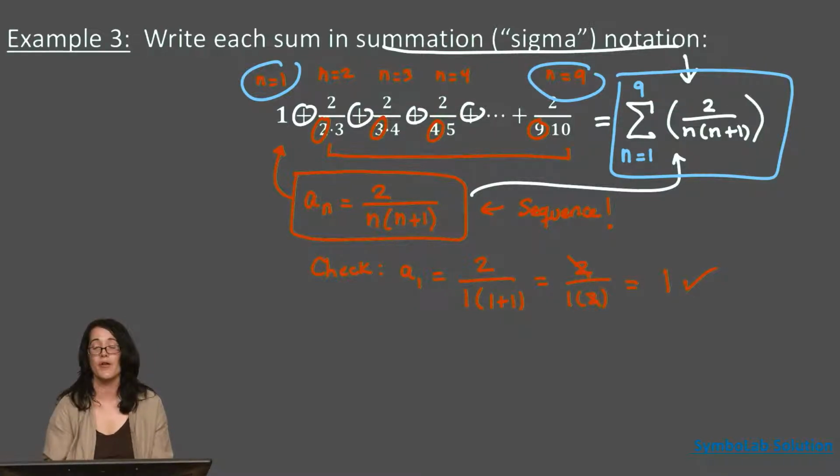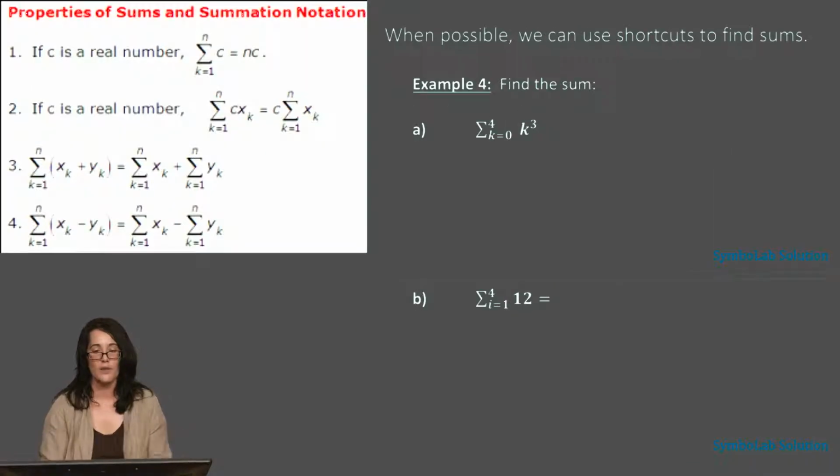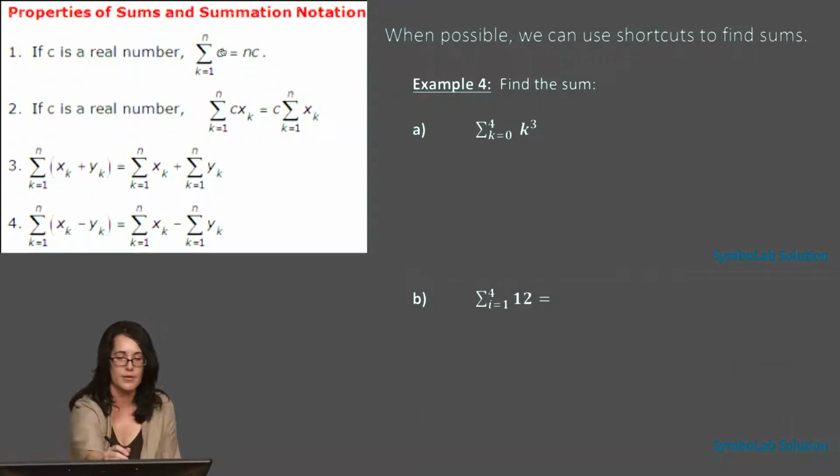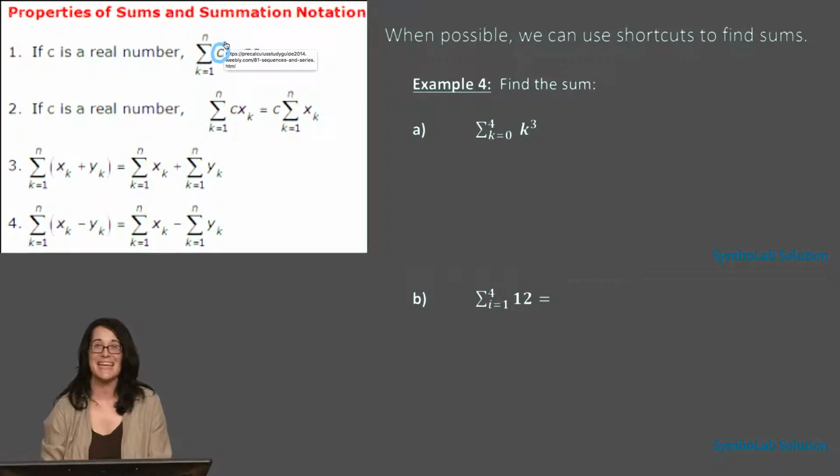Okay. Now on our last slide, feel free to practice that skill as well, but on our last slide what I'd like to show you are a few different patterns that might be helpful to you. So when you see summation notation like we have in example 4, sometimes we can use a shortcut to get those sums. Other times we'll just have to write them out. The first shortcut that we see in the white box on the left here above my head is a situation where inside of your argument, your sequence if you will, is a constant.